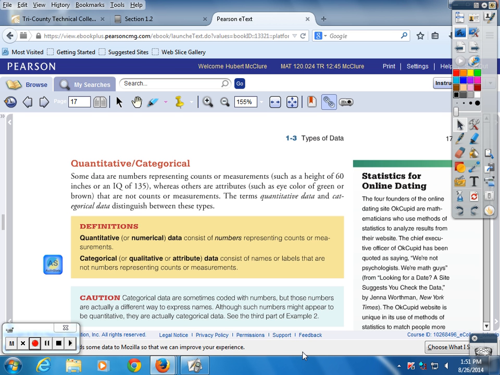So quality has to do with the aspects of the product, has to do with the aspects of the person, has to do with blue eyes versus brown eyes, or brown hair versus blonde hair. Some of you are not blessed to have both brown hair and brown eyes, okay?